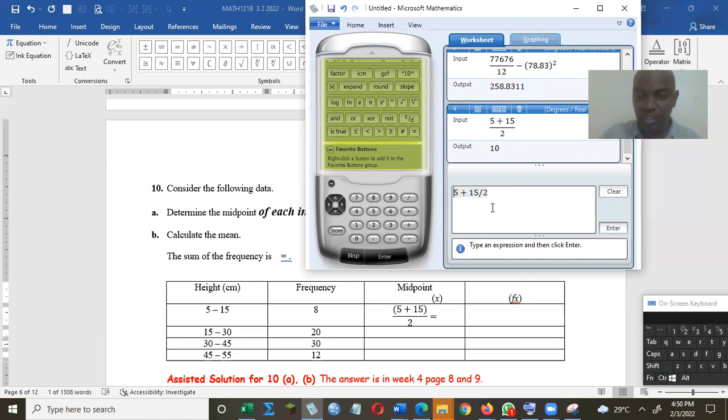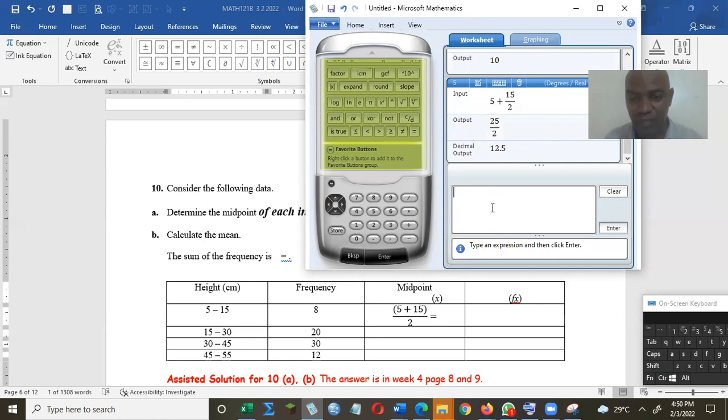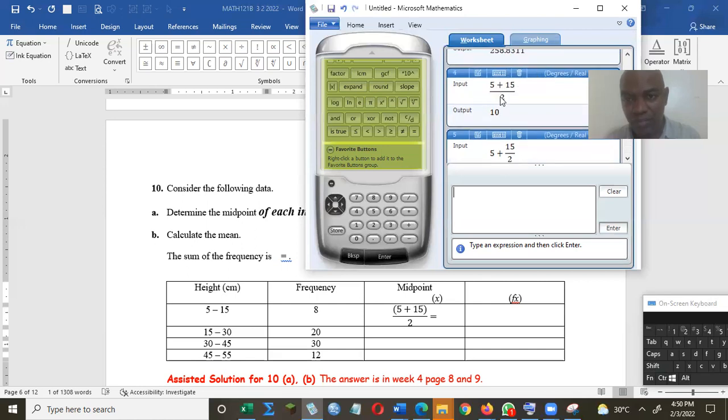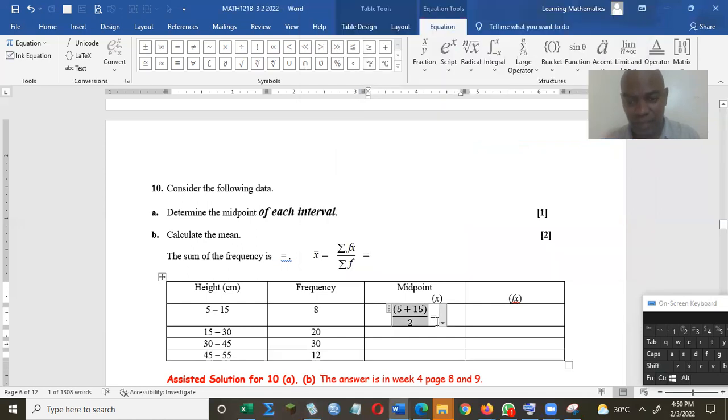If you do it this way, you are going to get 12.5. To tell your calculator to add those two numbers before dividing by 2, because it's an average of those two numbers you're finding, put 5 plus 15 in brackets. So you're going to get 10.